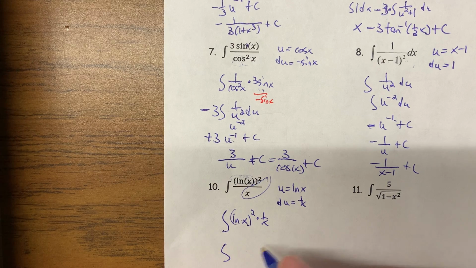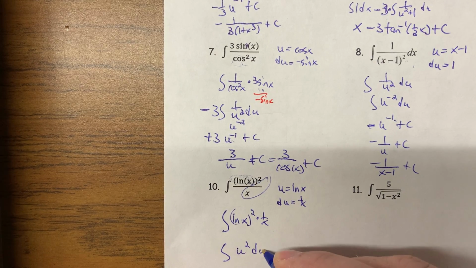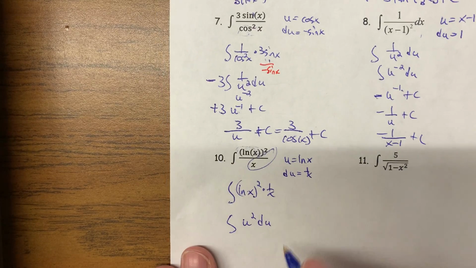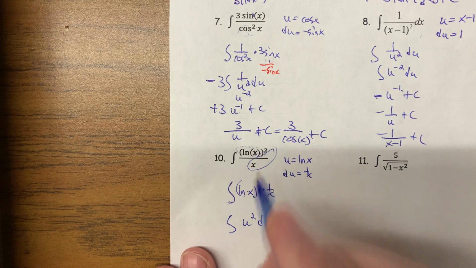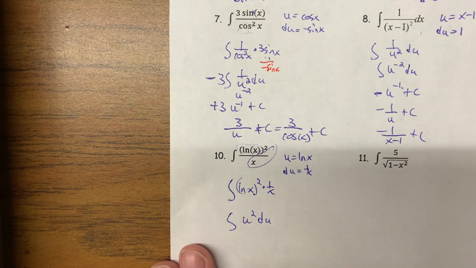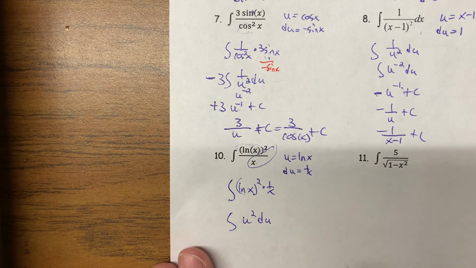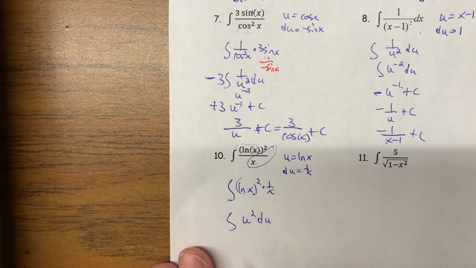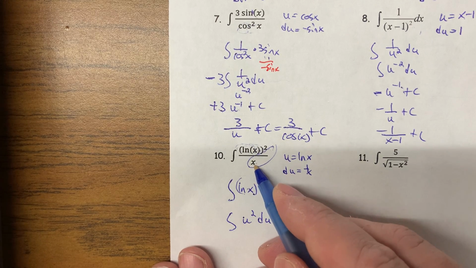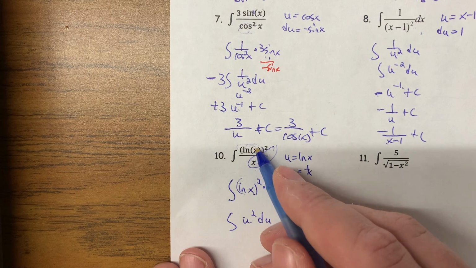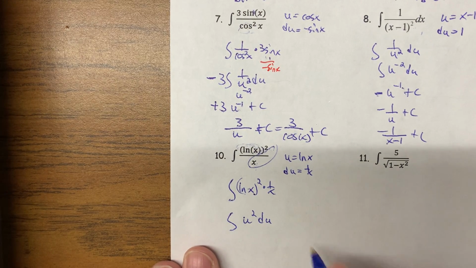So this is the integral of u squared du, right? The natural log of x is the only time you're looking to see if the denominator is part of the du, because the derivative of natural log is 1 over x, and so sometimes you can end up with the derivative of the numerator giving you the denominator. Usually the denominator could be the only thing that's u, but if there's a natural log of x, that could also be the u.